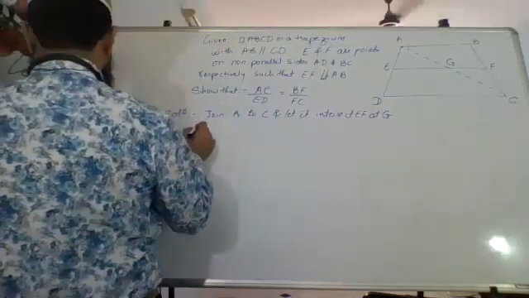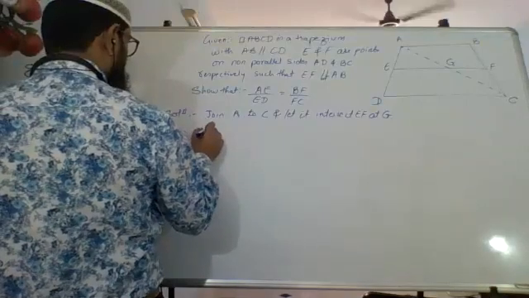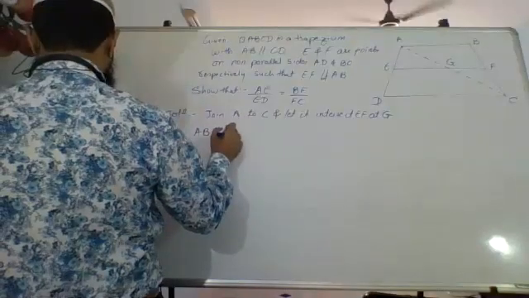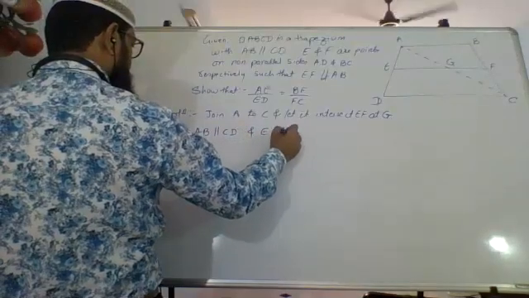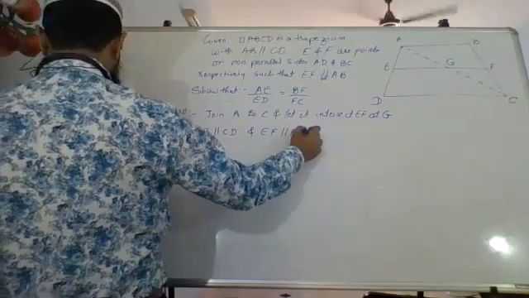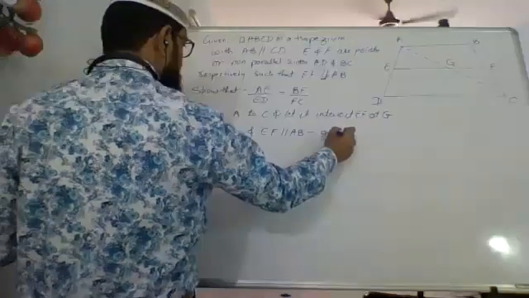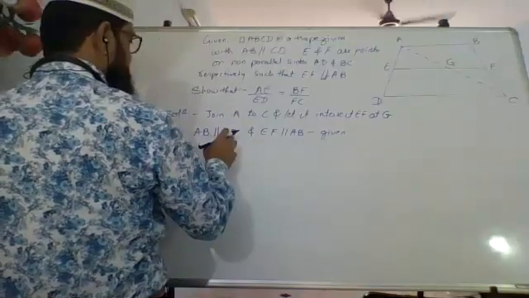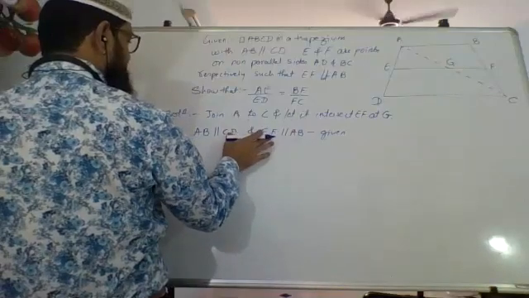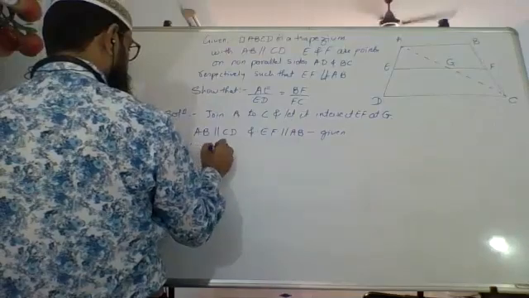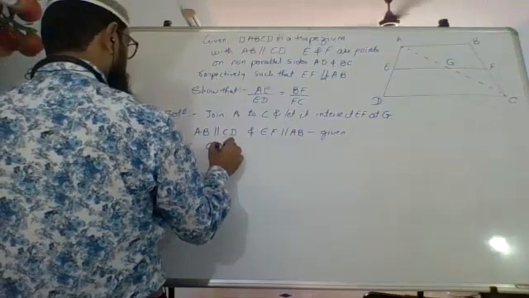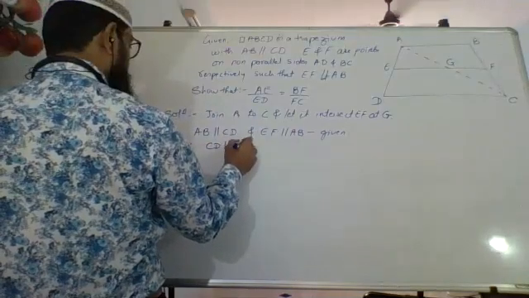So now what do we know? AB is parallel to CD and EF is parallel to AB. This is given to me. Now AB is parallel to CD, and AB is also parallel to EF. So I can also say CD is parallel to EF.